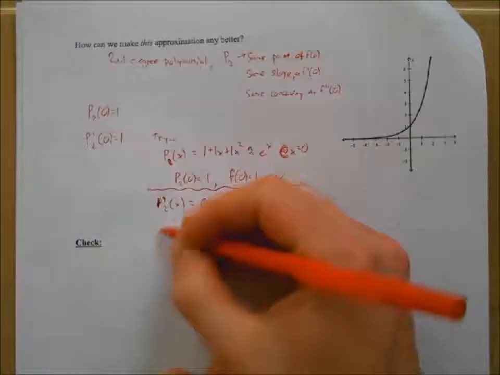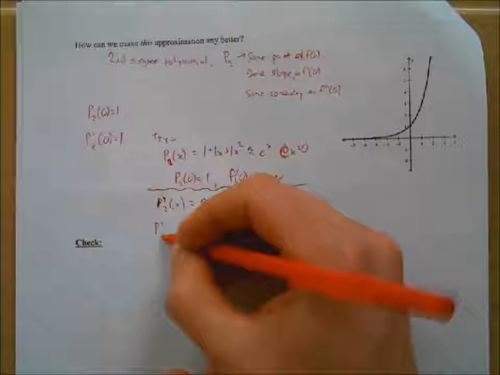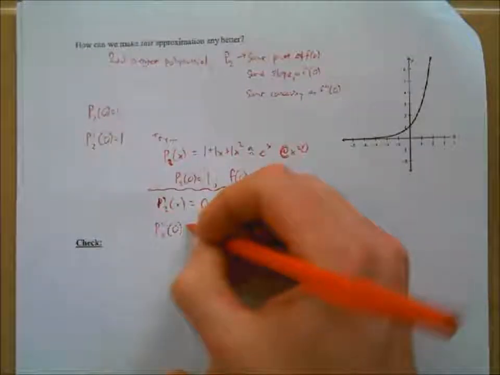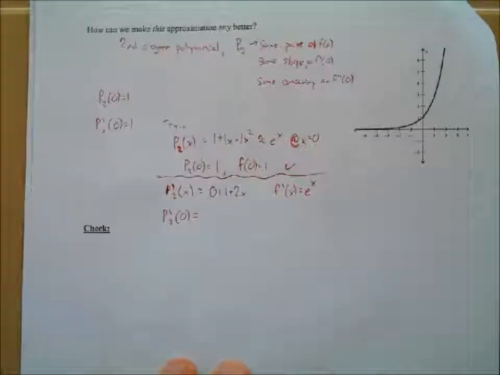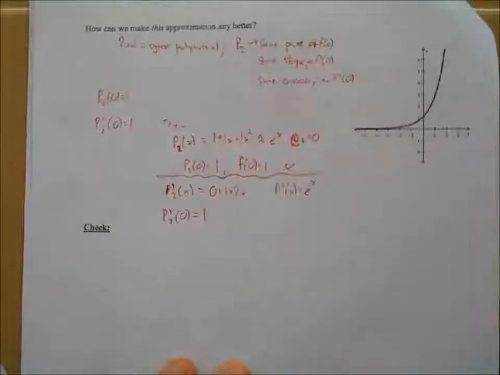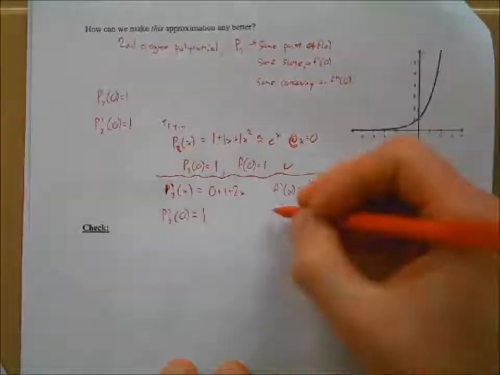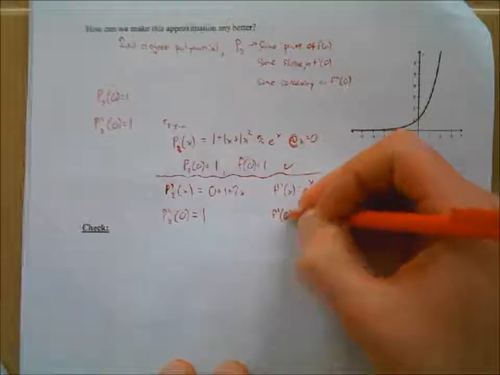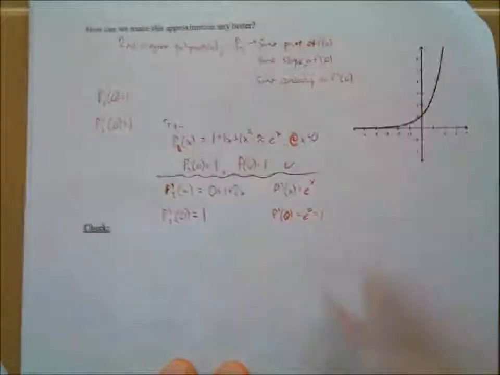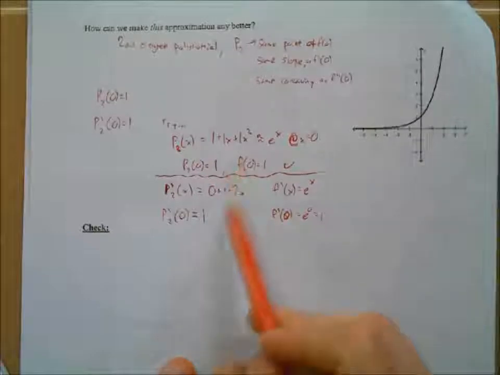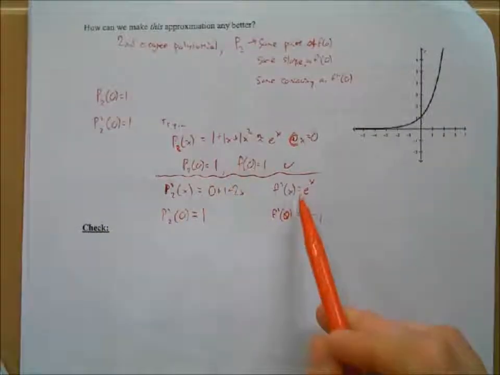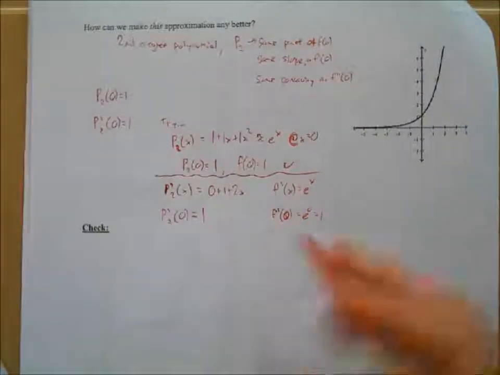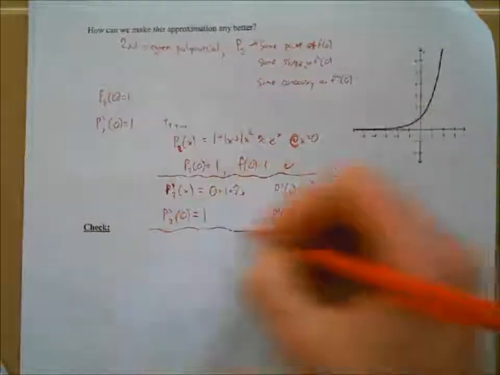We want to check that our first derivative at 0 is 1. And the first derivative of our actual function at 0 is e to the 0, which is also 1. So is that good? Yeah, our polynomial's first derivative matches our actual function's first derivative at 0. So check, that works.